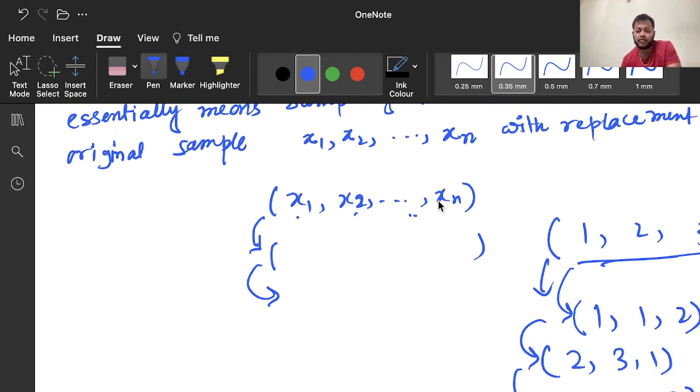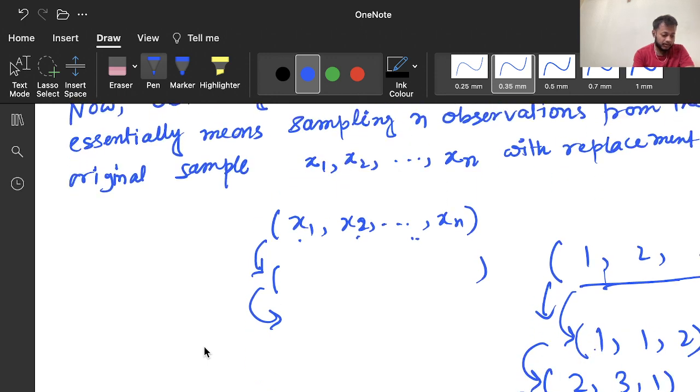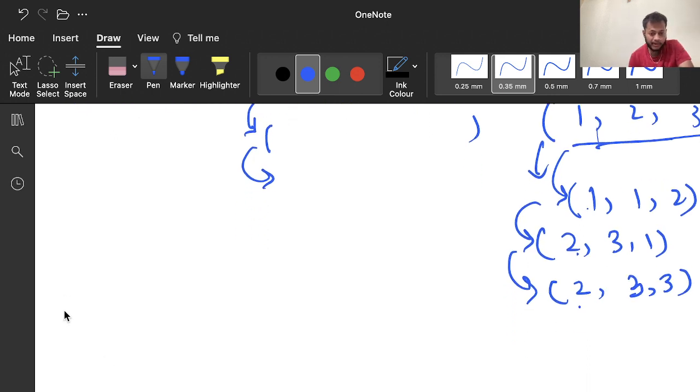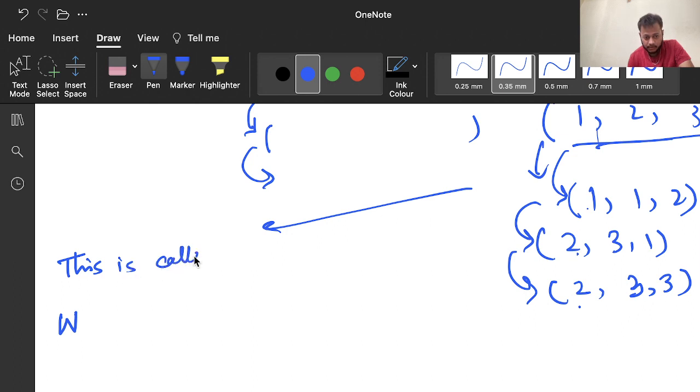This is called bootstrapping. From your observations you get m different kinds of observations, and now following the same methods you can calculate. This is called bootstrap sampling.